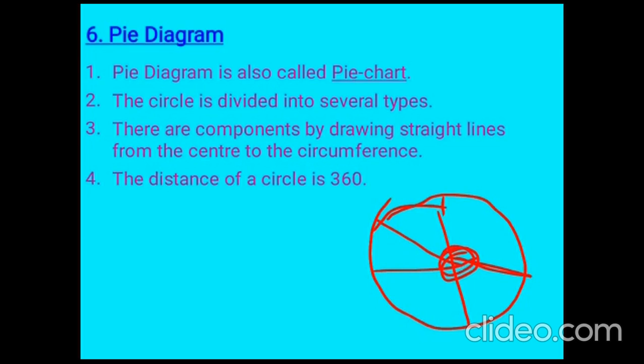This is the circumference. The angle of a circle is 360 degrees. This whole circle is 360 degrees.